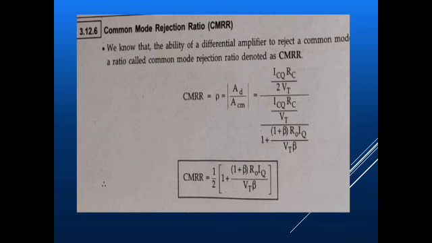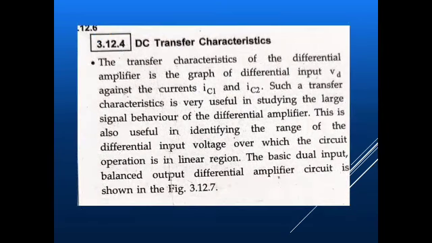This is the common mode rejection ratio. If you are asked to derive the CMRR, you have to obtain AD, ACM, then go for CMRR. If you are asked for the AC analysis of the input signal, you have to arrive at AD and ACM. Okay.